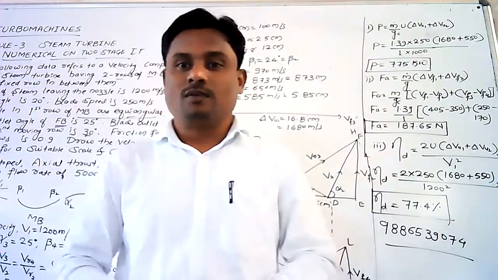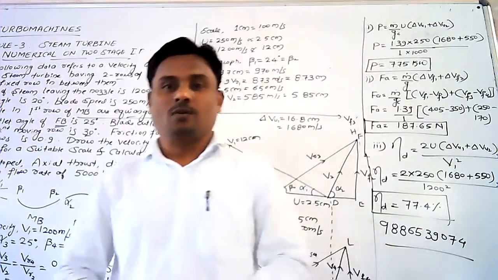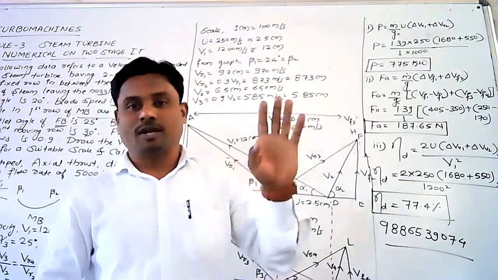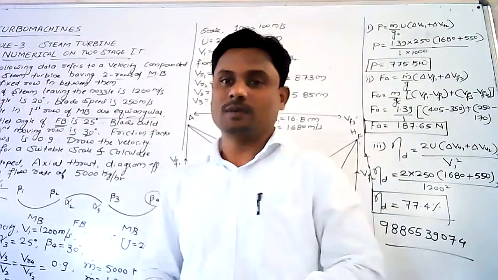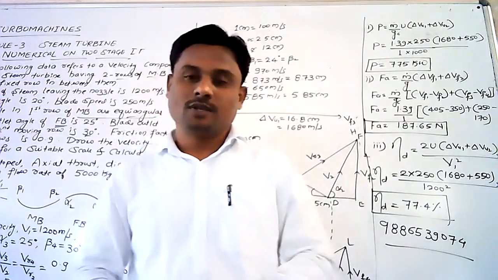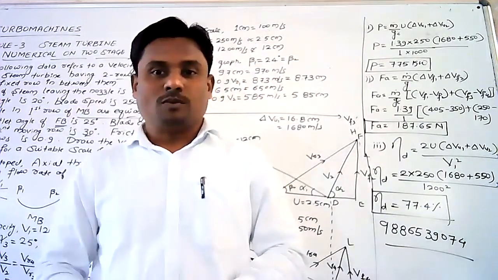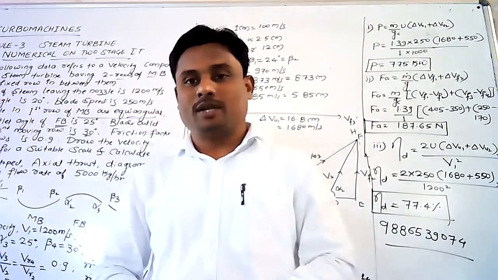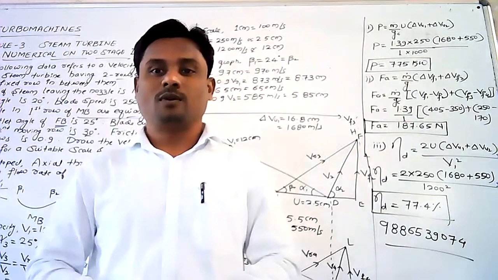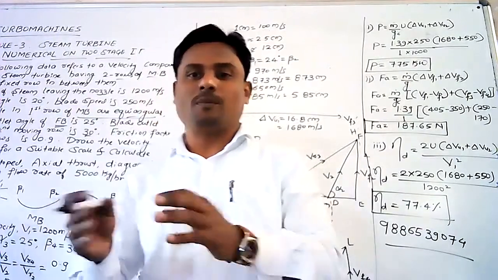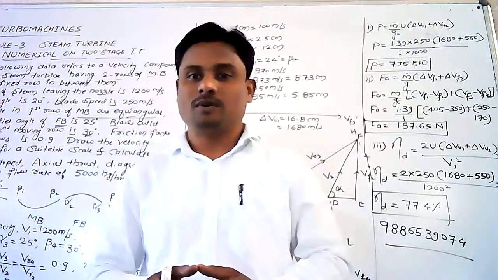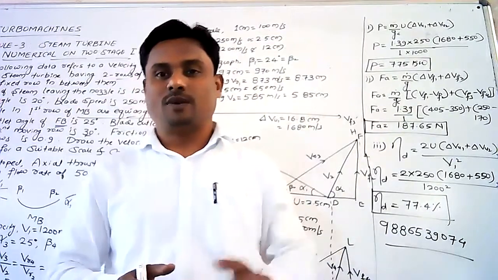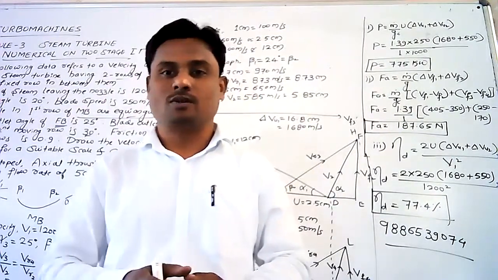After that we will start the hydraulic turbines, where we are going to study three types of turbines: Pelton wheel plus numericals, Francis turbine plus numericals, Kaplan turbine plus numericals, and finally draft tube, where we are going to apply Bernoulli's equation for draft tube, get the final equations, plus numericals on draft tube.